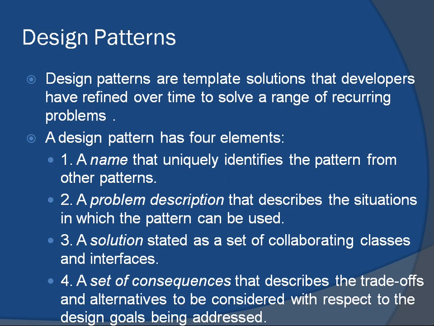Problem description here describes the situation in which the pattern can be used. Third one is the solution, that states a set of collaborating classes and interfaces. And the fourth one is a set of consequences, which describes the trade-offs and alternatives to be considered with respect to design goals being addressed.